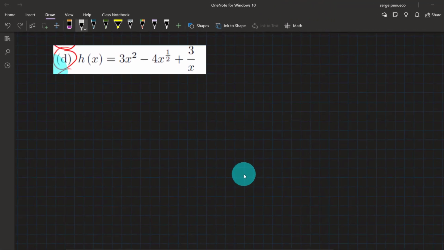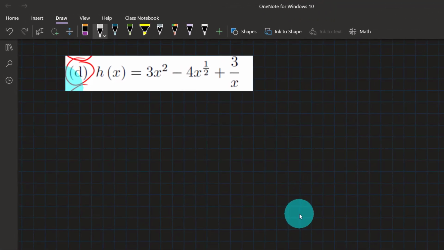So, h of x is equal to 3x squared minus 4x raised to 1 half plus 3 over x. Okay? So, this is a quotient. Pero kung gusto nating hindi kasi medyo mahaba kapag gagawin pa natin yung quotient rule, pwede tayong dumiskarte, i-convert natin to sa negative exponent para power rule lang gagamitin natin.